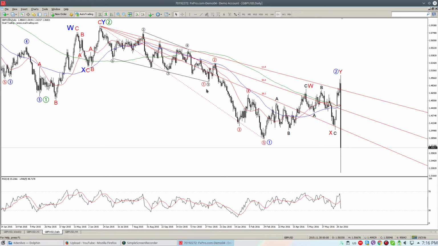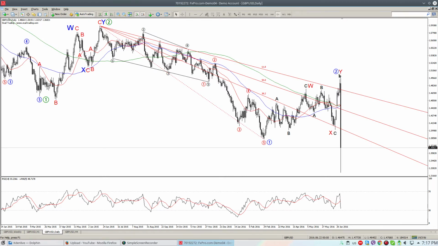I spent several hours counting those waves from scratch again, and I couldn't come up with another count that fits better this kind of choppy price action here, and this overlap here invalidates the idea of this being a wave 4 red.